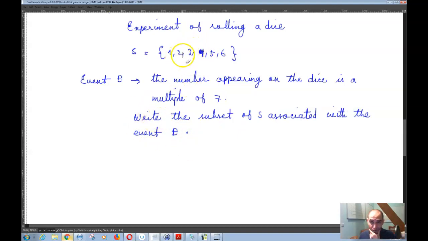And of course, the only number that we have here which is a multiple of 7 is actually nothing. We have no 7 here, so you would get the null set.